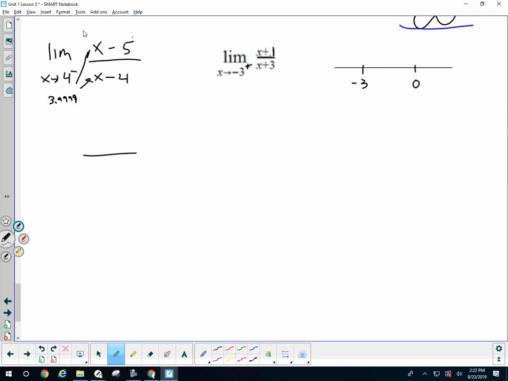You could just plug in 4 into the numerator, and you can say 4 minus 5 is -1. But in the denominator, you do need to plug it in, and you need to figure out the sign of this infinitely small number. 3.999 minus 4 is going to be something infinitely small and negative.